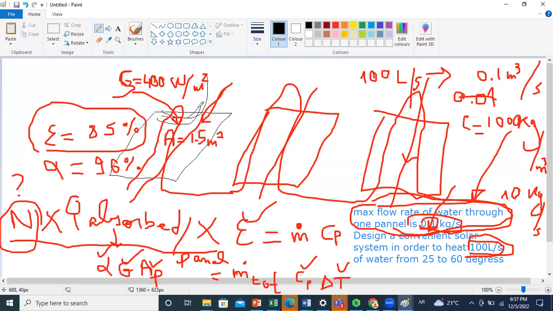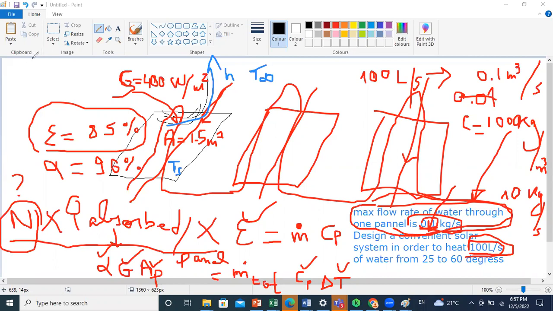I give you H, the surface temperature TS of the panel, and T infinity. Then you can find the heat lost by convection to the environment.